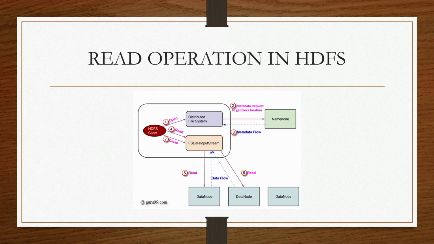The data is read in the form of a stream, wherein the client invokes the read method repeatedly. This process of read operation continues till it reaches the end of the block. Once the end of the block is reached, the DFSInputStream closes the connection and moves on to locate the next data node for the next block.